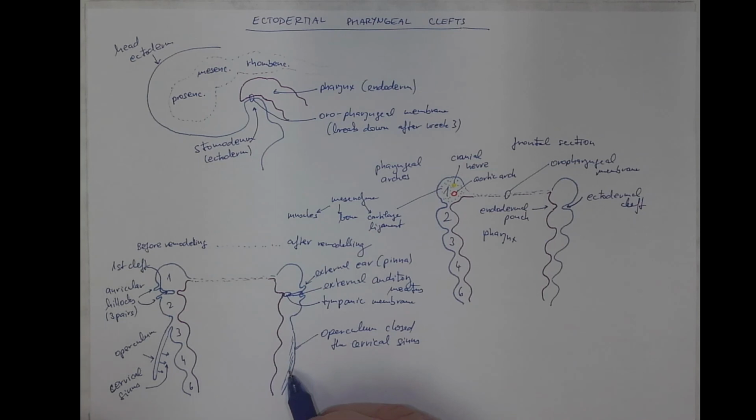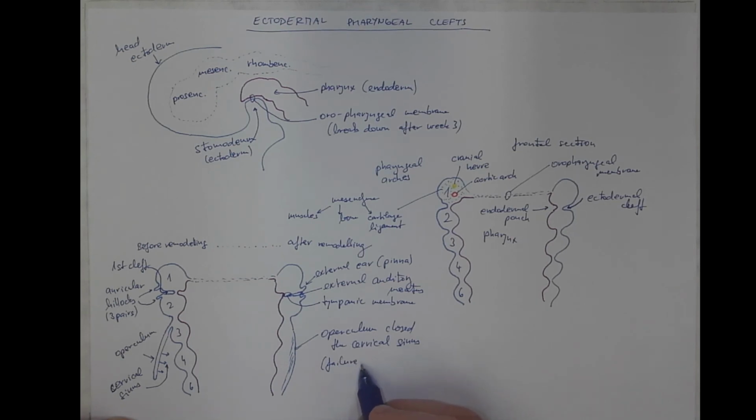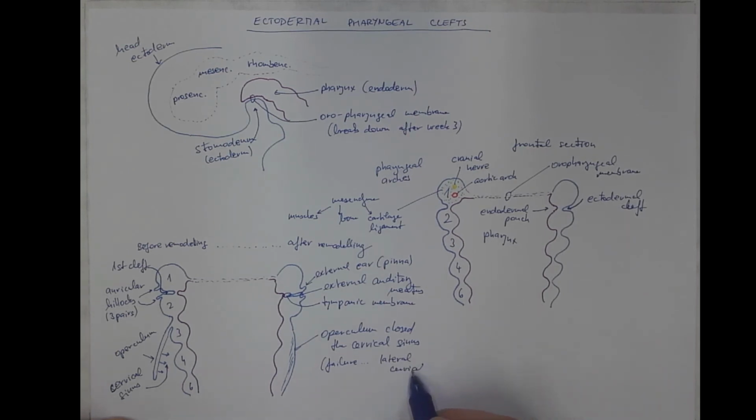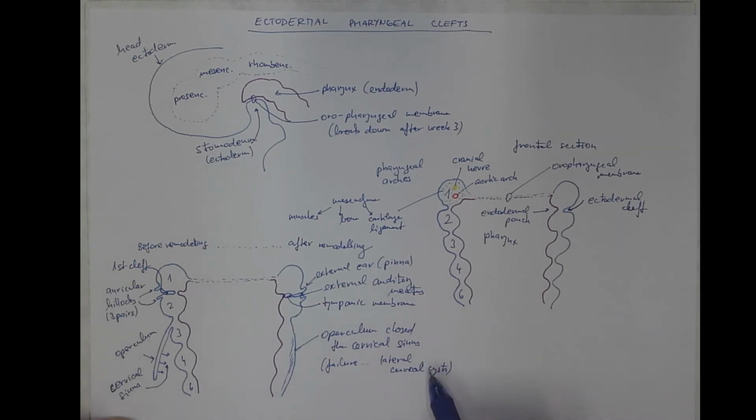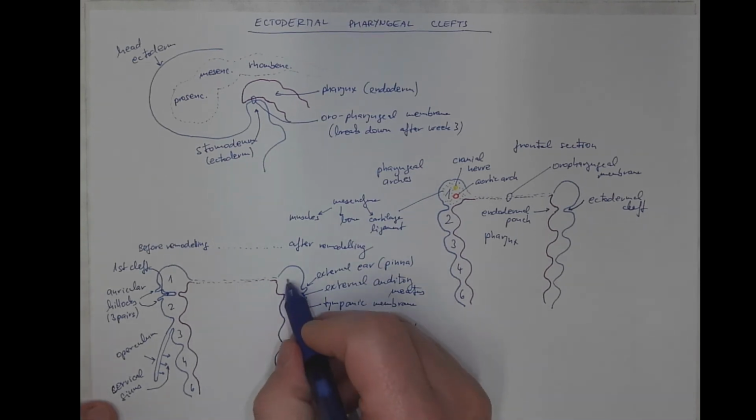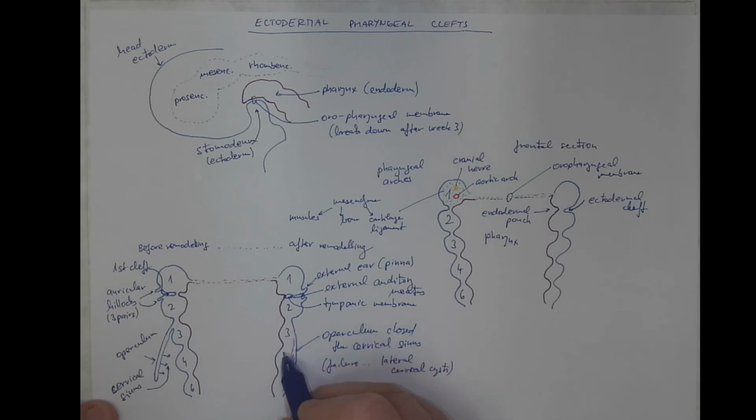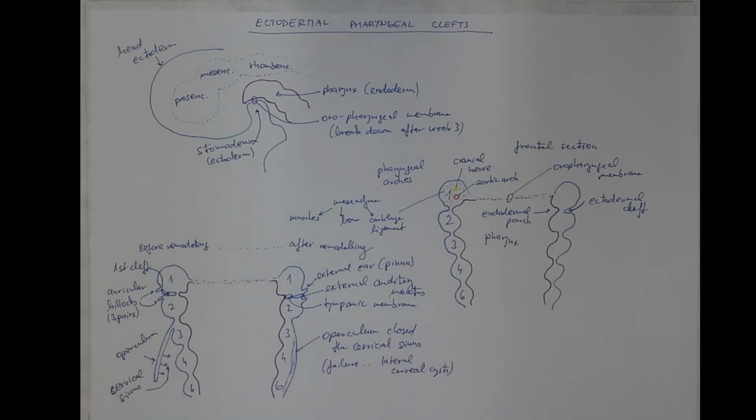If there would be a failure in this closure, there could be cavities persisting here called lateral cervical cyst, in the region of the sternocleidomastoid muscle. But normally there are no cysts.